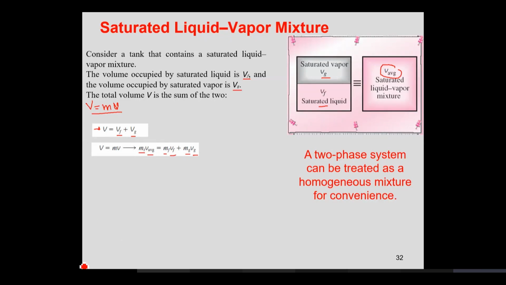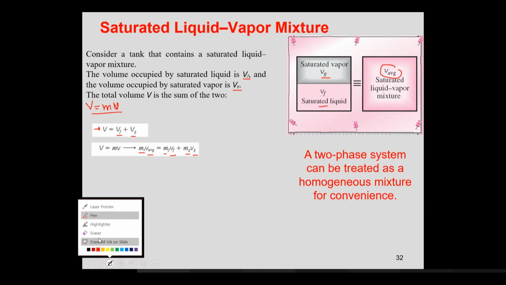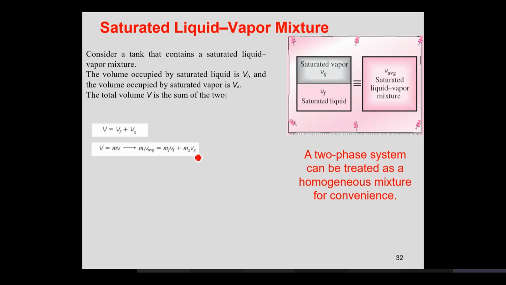Now, if I divide both sides with total mass, I would have V average equal to... before that, I know that mass of saturated liquid, which is Mf, is essentially equal to MT minus Mg, total mass minus the mass of vapor.